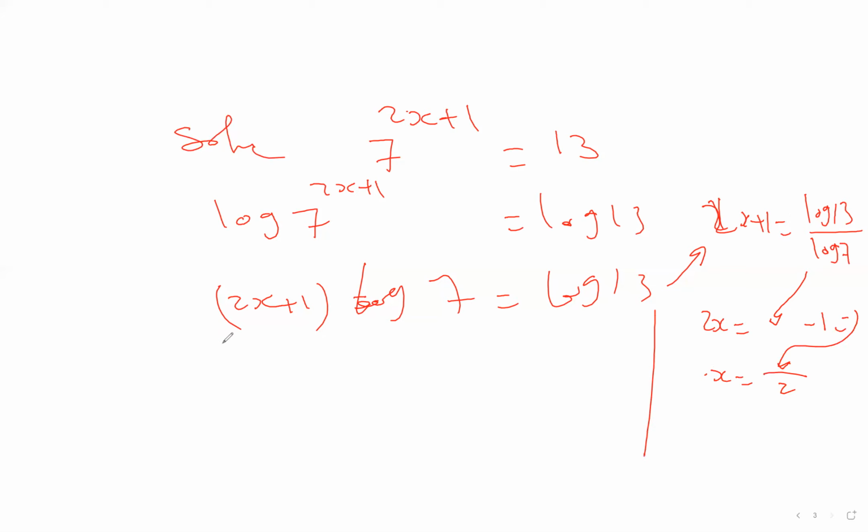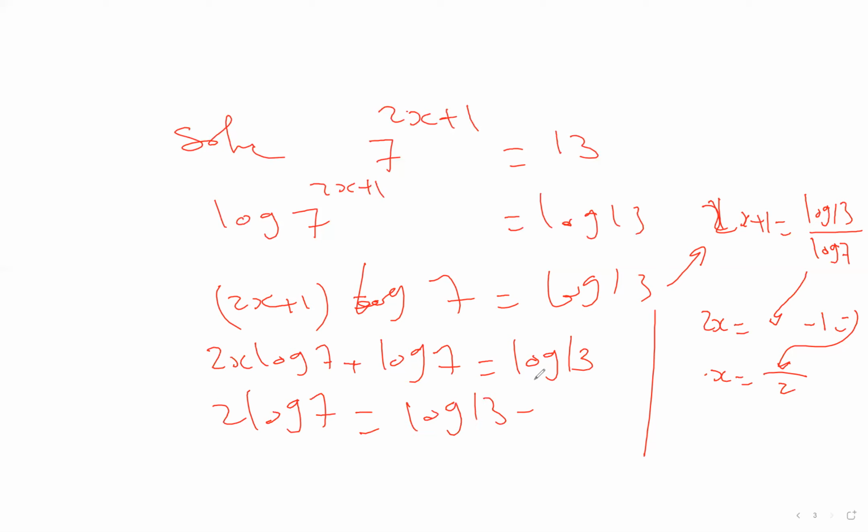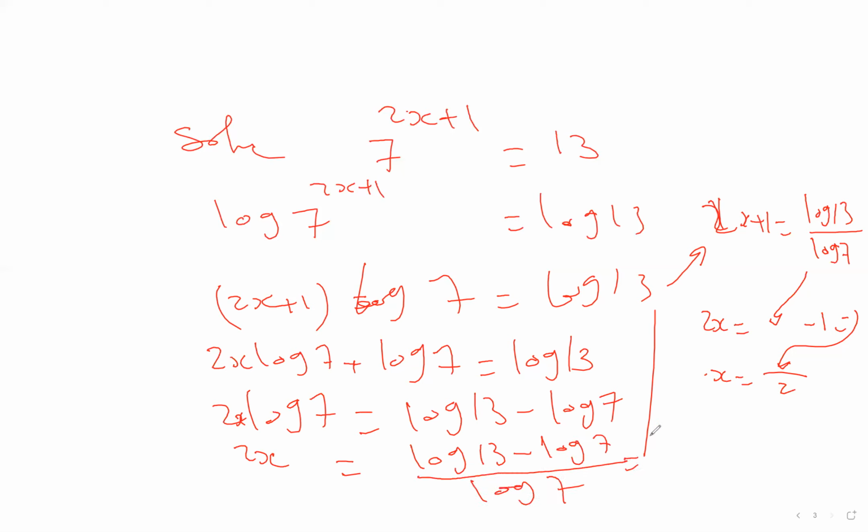Or you can distribute: 2x log 7 plus log 7 equals log 13. Then 2x log 7 equals log 13 minus log 7. Then 2x will be log 13 minus log 7 over log 7, and find the result by using the calculator.